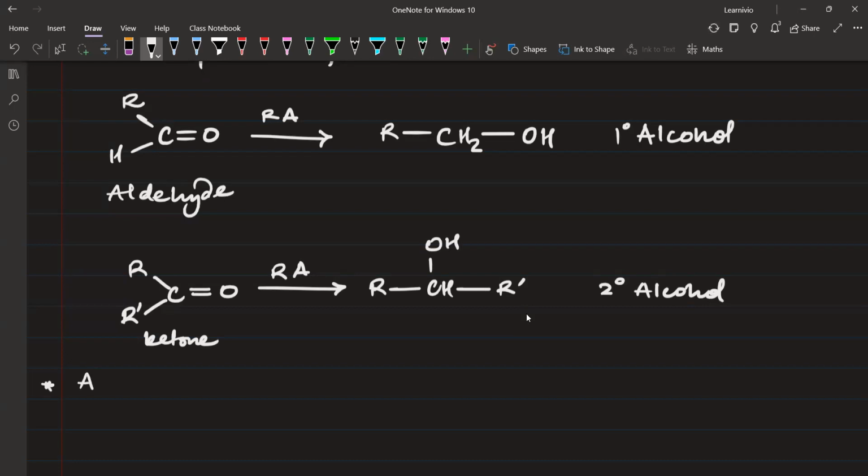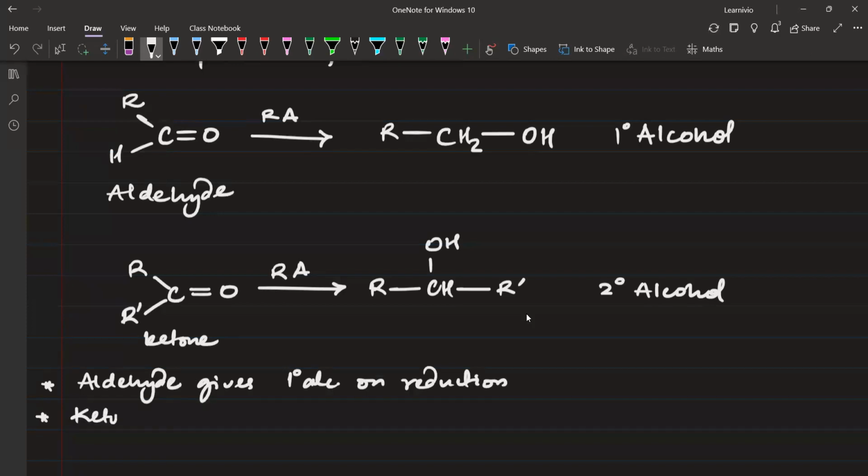Then you will write 3 points. Aldehyde gives 1 degree alcohol on reduction. Secondly, you will write ketones give 2 degree alcohol on reduction.